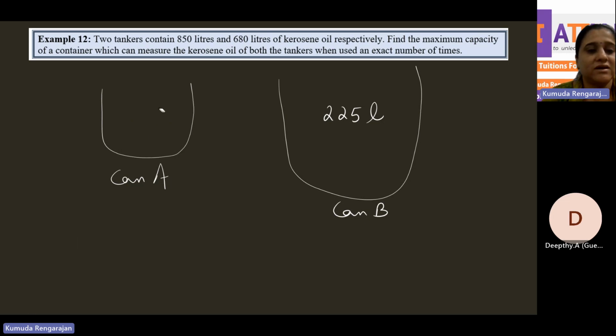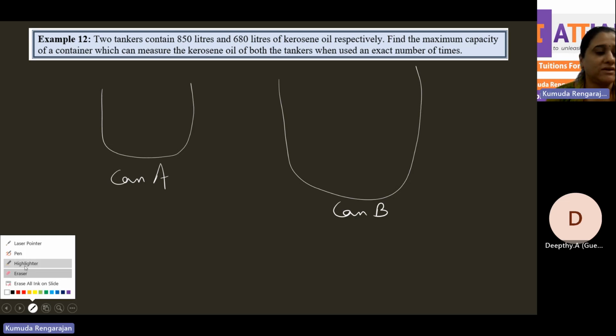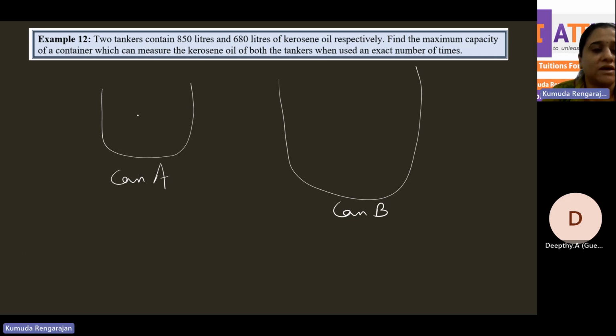Supposing this can has 8 liters, and this can has 30 liters. So these two cans have 8 liters and 30 liters of milk respectively. Can A has 8 liters of milk, can B has 30 liters of milk.